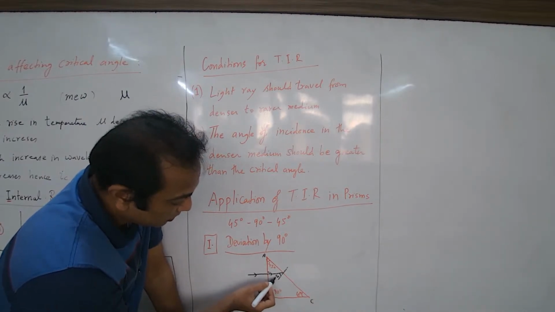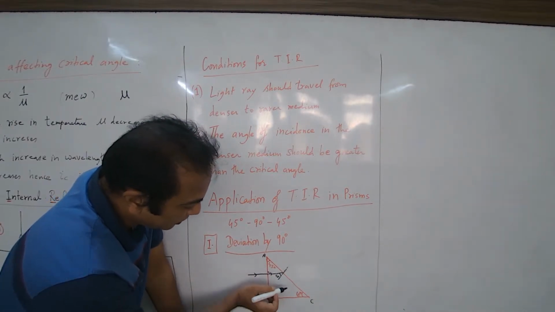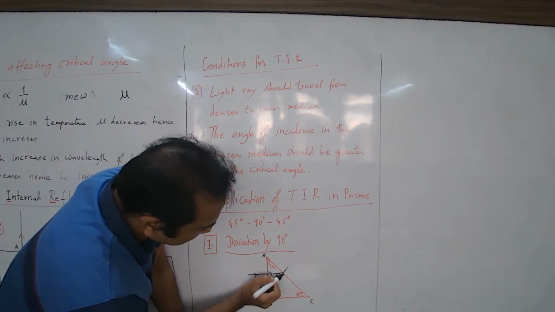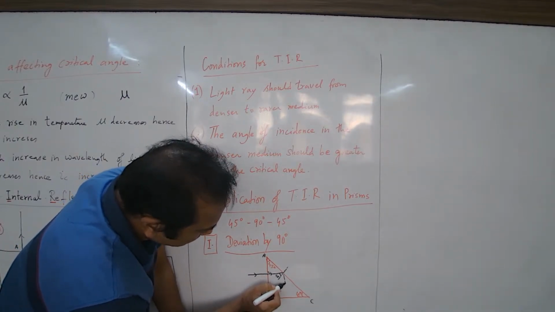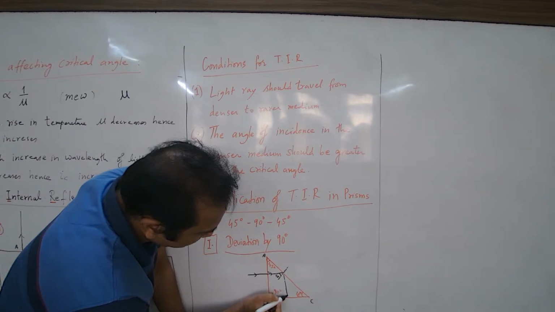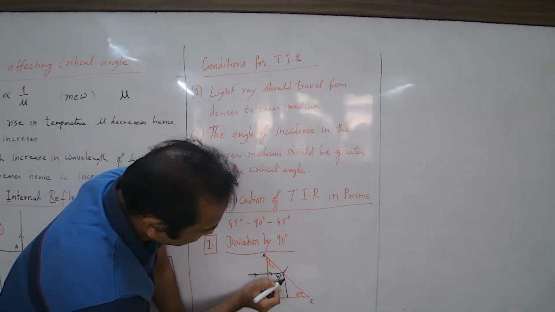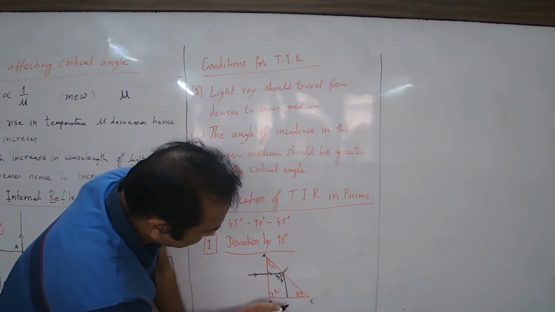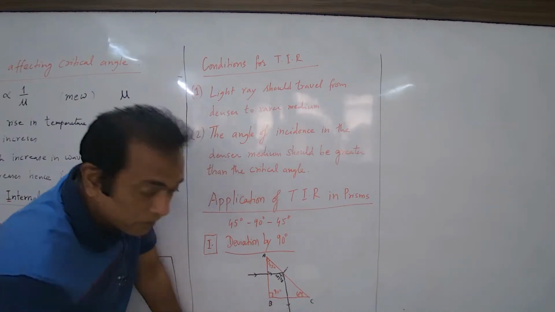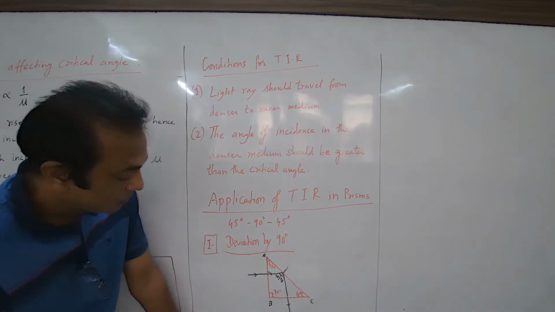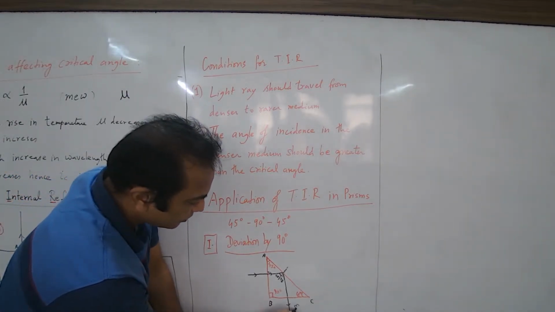Incidence is 45, so reflection should also be 45. So it will go straight, because this also has to be 45, then 45, 45, 90. So this will come out like this. So this is your emergent ray.